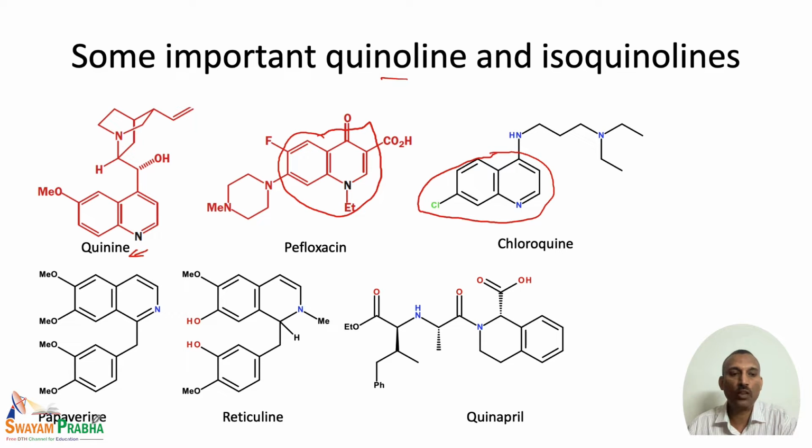Papaverine has the nitrogen atom at the second position, so this is an isoquinoline type moiety. In reticulin also the nitrogen is present at the 2 position. So these compounds are derivatives of isoquinoline. Quinapril also has the same structure. If we start from here, 1 and 2, the second position has the nitrogen. So this is our isoquinoline unit. These compounds are important alkaloids.